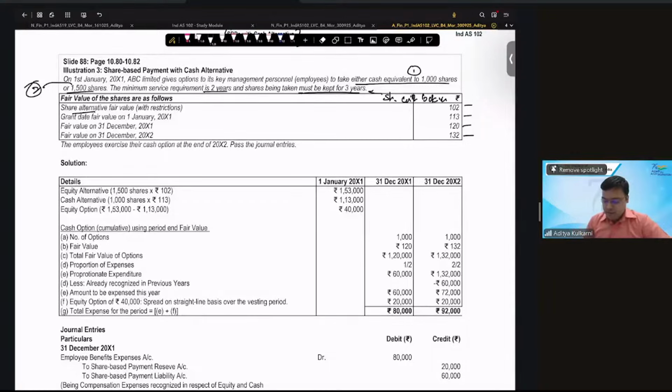So now you see, I am having an equity option of 1500 shares. What am I going to take as the value of these equity shares? Should I take 102 or should I take 113?